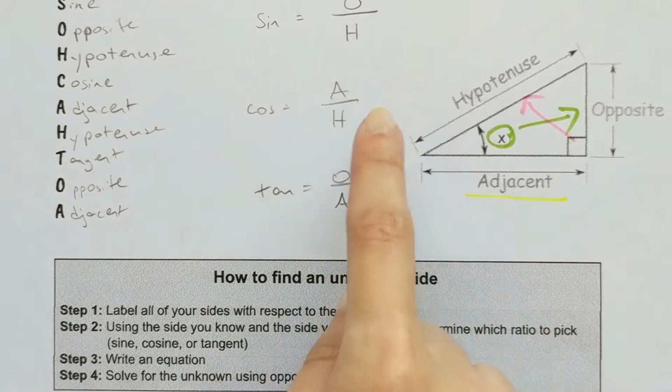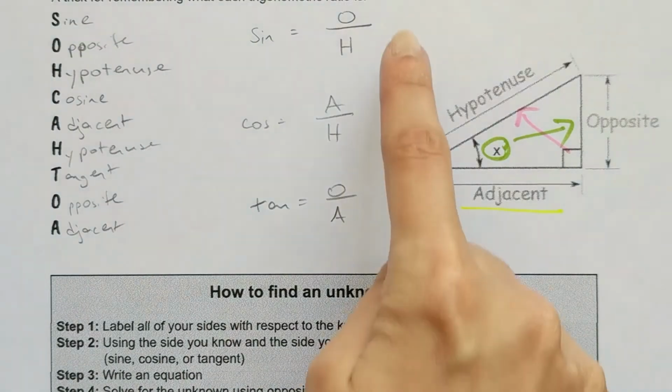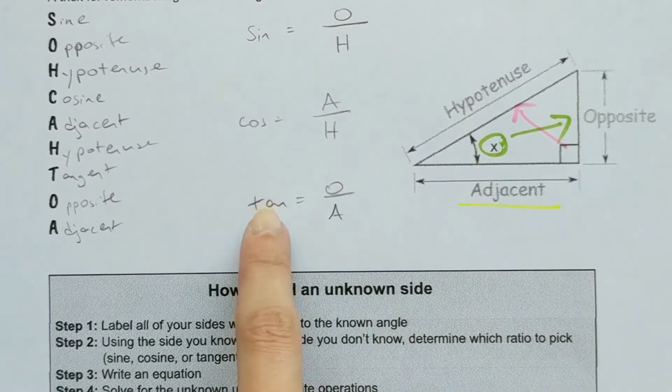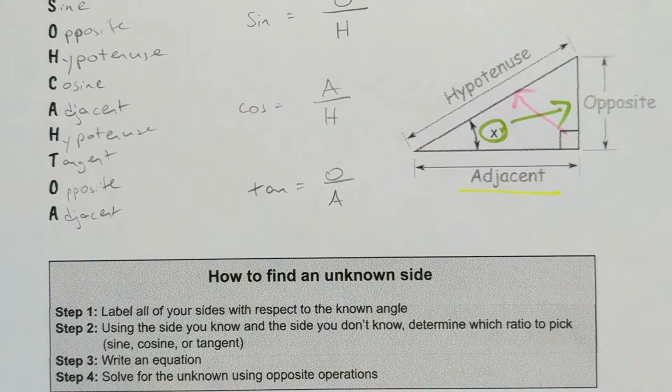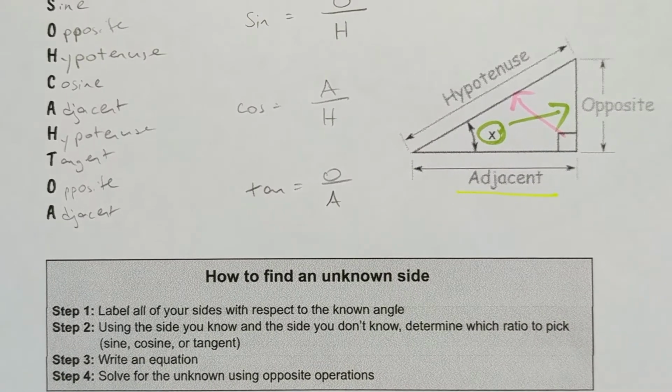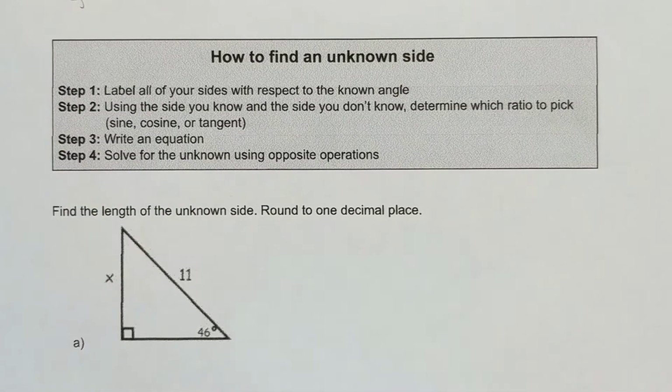Based on the information that we have, it'll tell us which ratio to go to. We're then going to write an equation using the information that we know, and finally solve for my unknown using some opposite operations. Okay, it's pretty straightforward, but let's get started with our first example here.